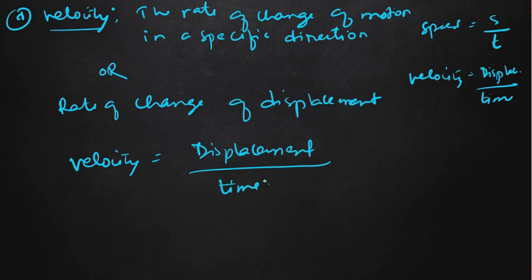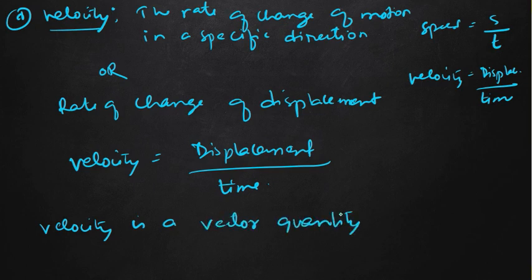As displacement is a vector, velocity will also be a vector. So we can say velocity is a vector quantity. The units of velocity will be the same as that of your speed.